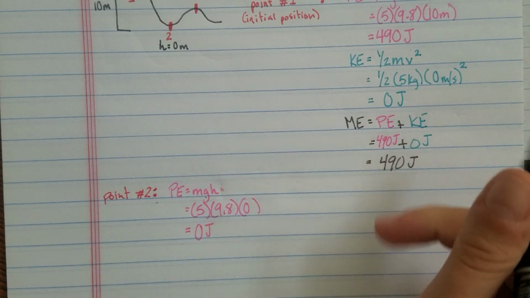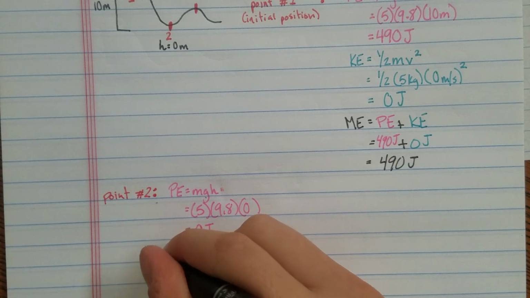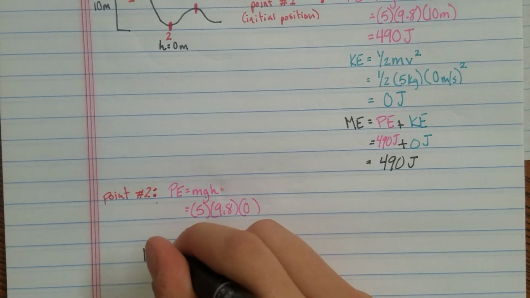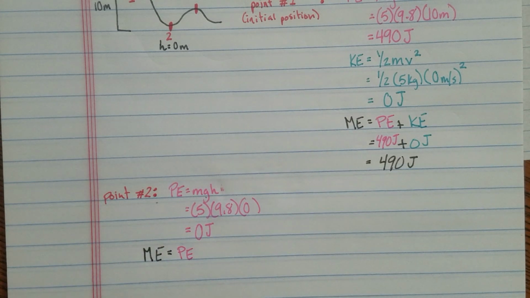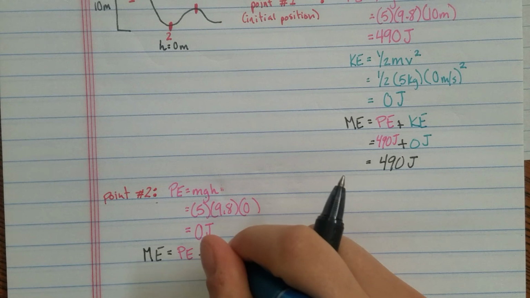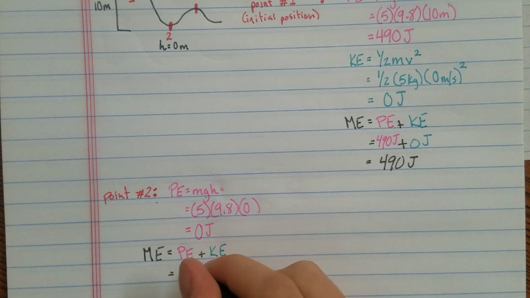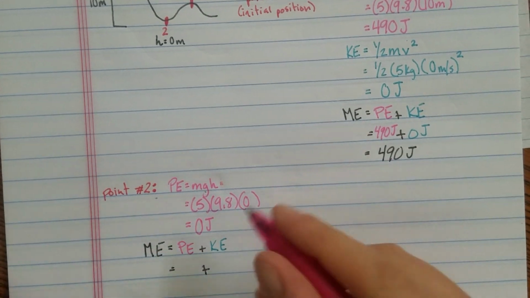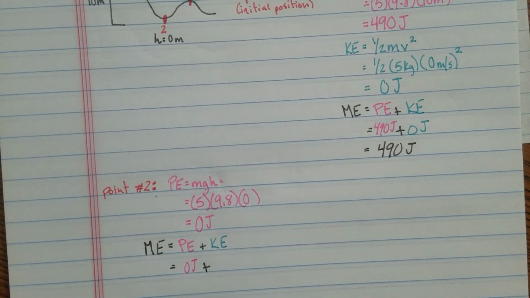So here we're going to rearrange. We're going to start with potential and then calculate our mechanical energy, which our equation is potential energy plus kinetic energy. So how do we plug in our values here? I'm going to bring down equation symbols, but we just calculated potential, which is 0.